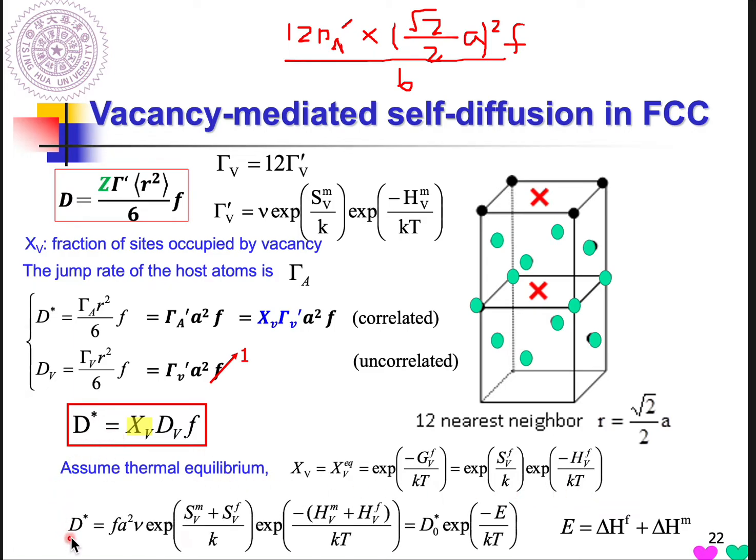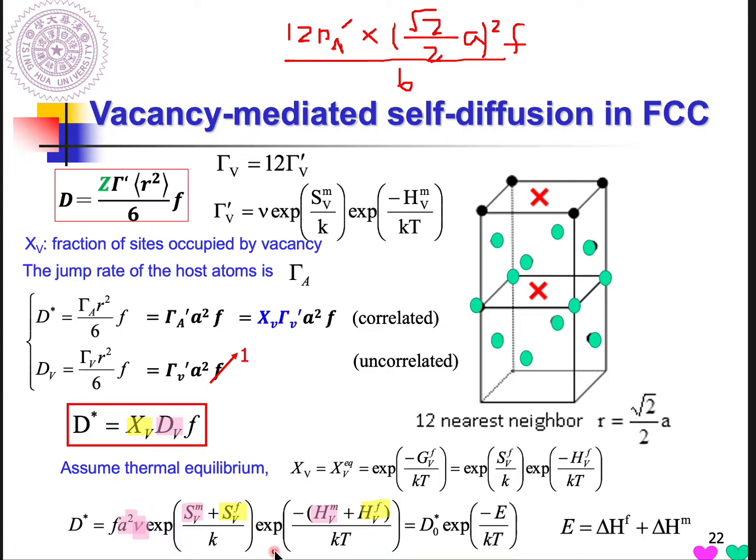Now you can rewrite the self-diffusivity with XV here, and dV here, which is R squared gamma V prime, and also F here. I arranged them so the first term is the temperature independent term and the second term is the temperature dependent term.